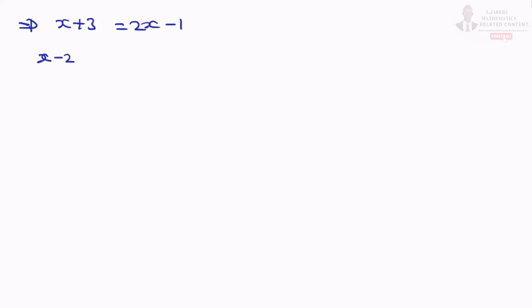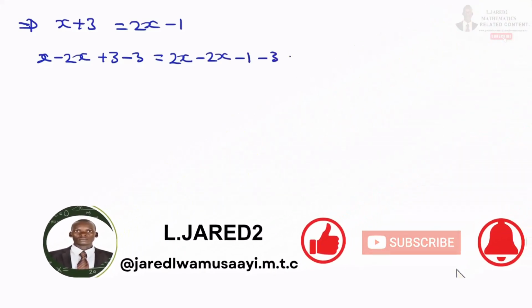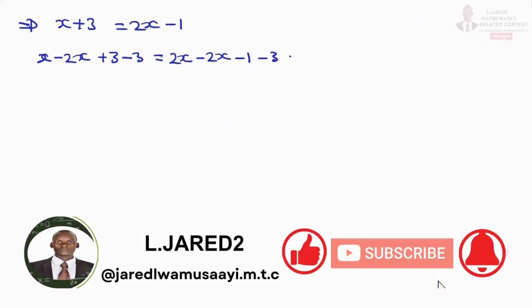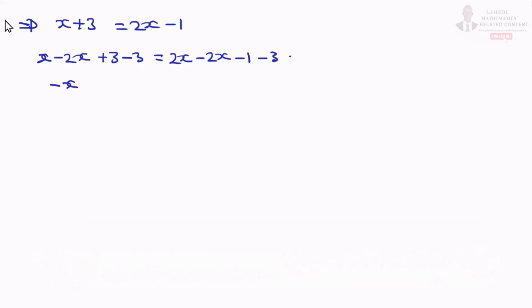So we have x minus 2x plus 3 minus 3 equals 2x minus 2x minus 1, then minus 3. So x minus 2x, we are getting negative x. Then this cancels with that, and also this cancels with that, so that we remain with the equal sign being equal to negative 4.